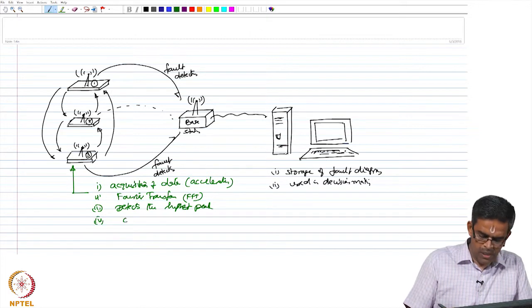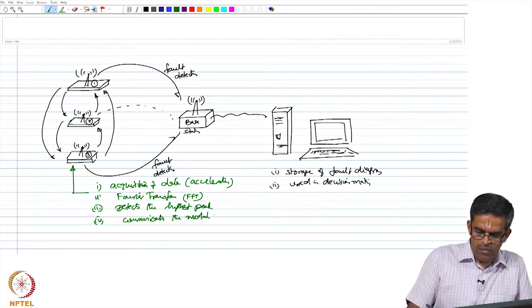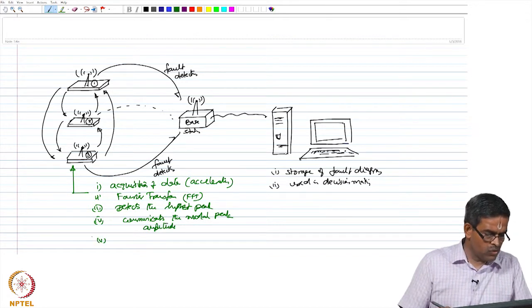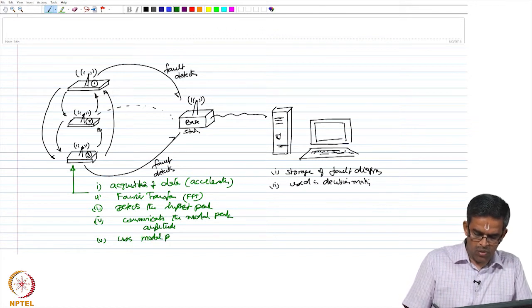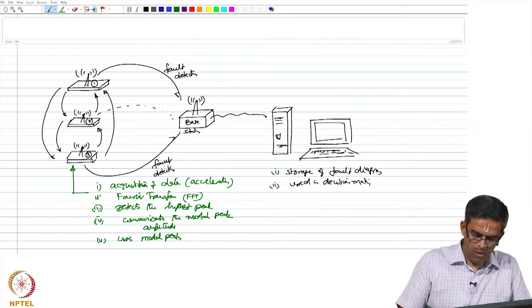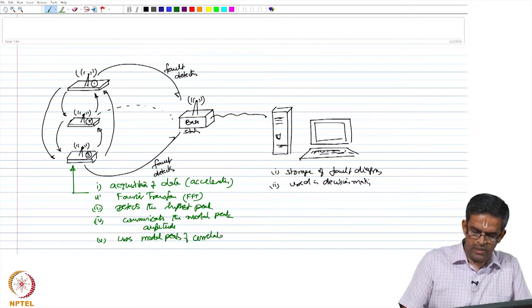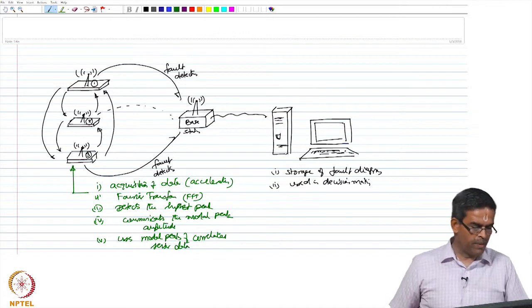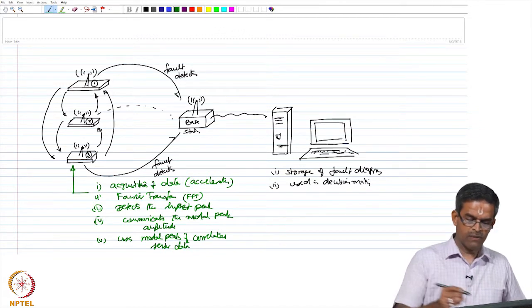It then communicates the modal peak amplitude, because it is frequency dependent now. It also uses modal peaks of correlated sensor data for useful prediction.